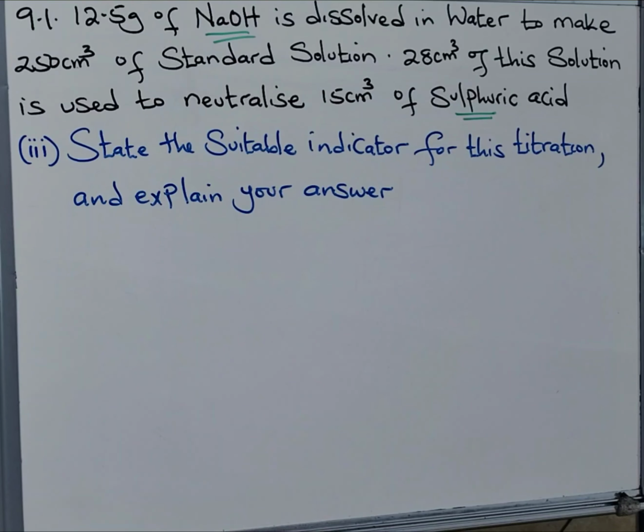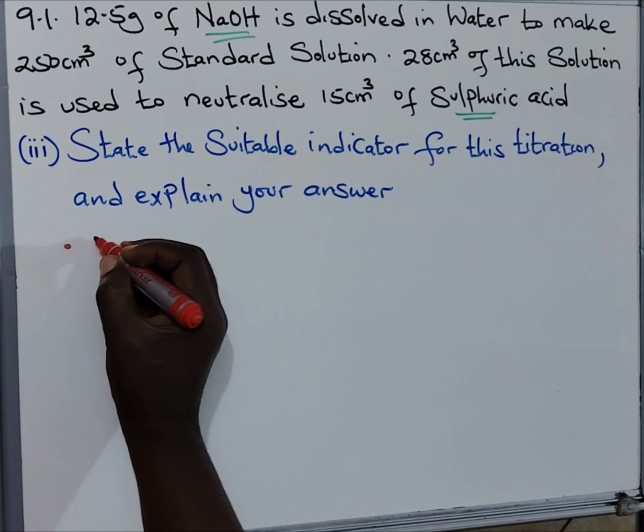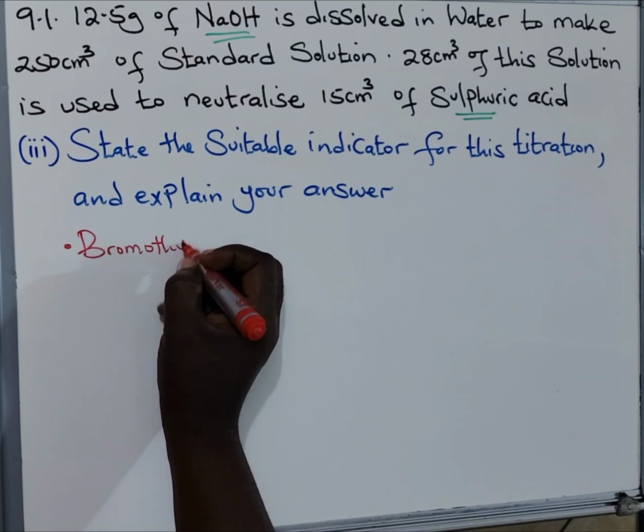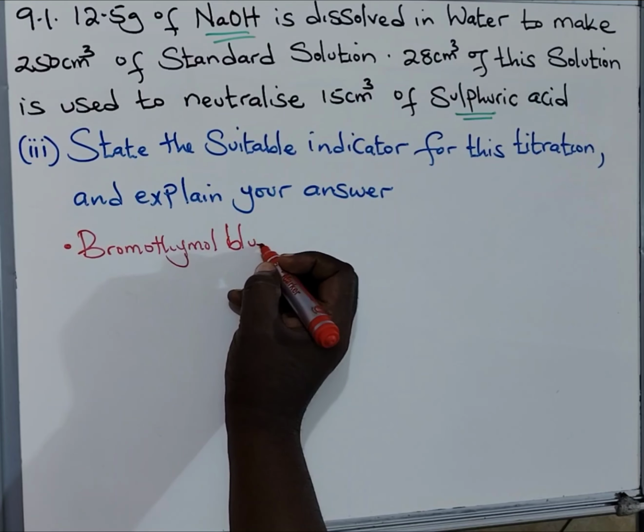So what is the pH attained if you are reacting a strong base with a strong acid? The pH is neutral. So what is the best indicator to work in the neutral condition? The best indicator is bromothymol blue.